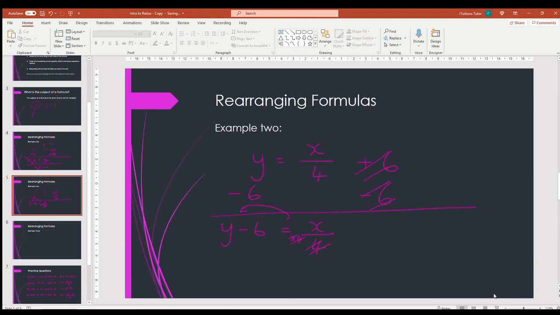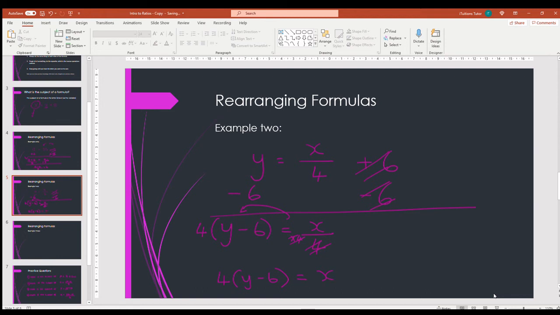When you're multiplying the other side, you must multiply the whole of the other side. Therefore, you need to put the y minus 6 into a bracket and put the 4 outside the bracket, which now gives us 4 multiplied by y minus 6 equals x.